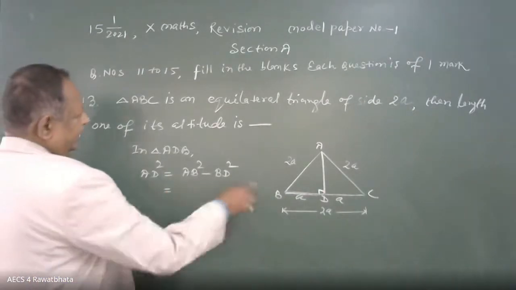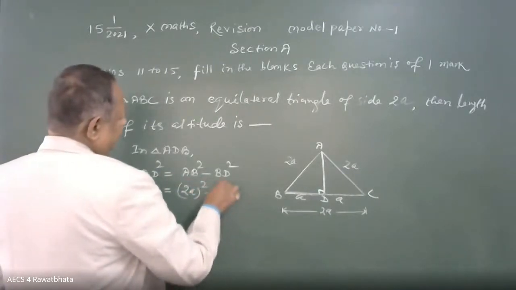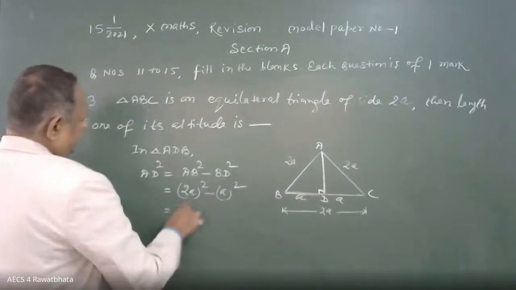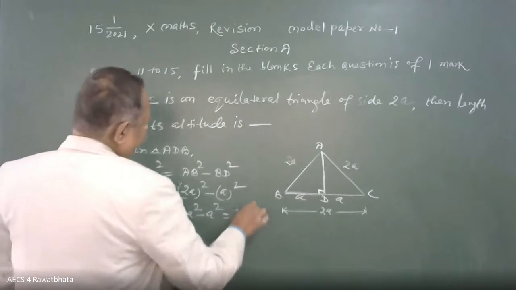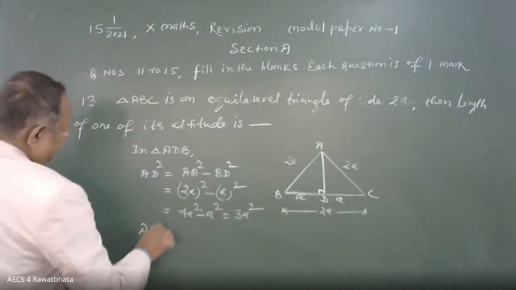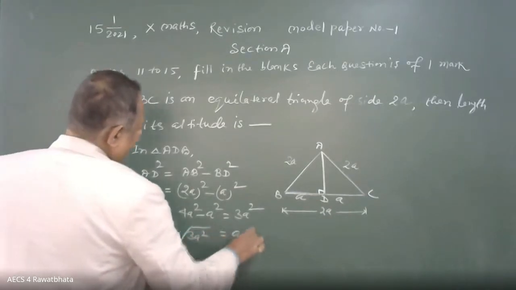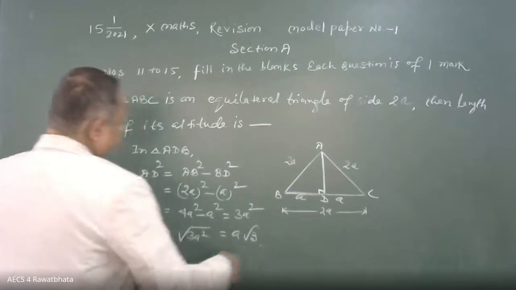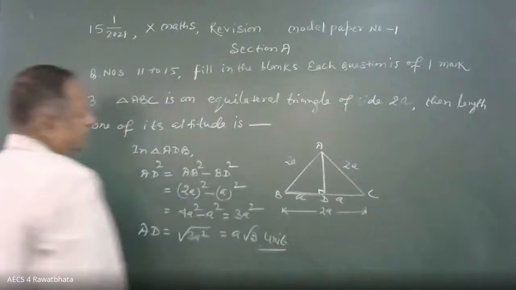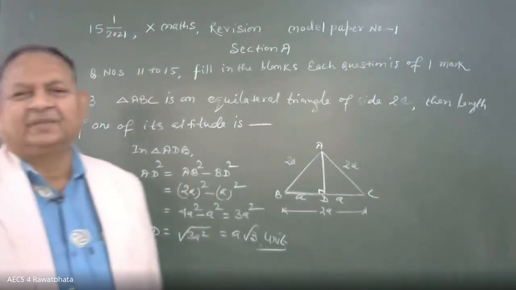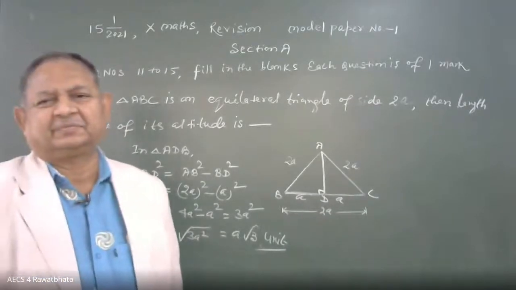So 4a square minus a square, 3a square. So AD is under root 3a square, that is a root 3 unit. So your answer is correct, a root 3 or root 3a.